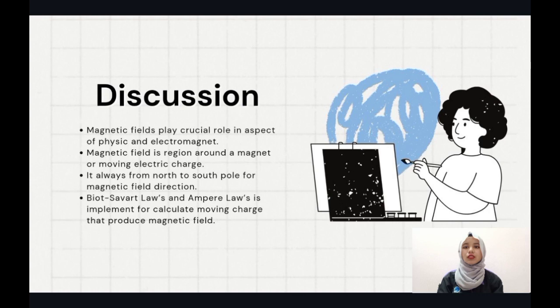The origins of magnetic fields are traced back to both permanent magnets and the flow of electric current. The fundamental principles, particularly the Biot-Savart law and Ampere's law, elucidate the behavior of magnetic fields in the context of moving charges. These laws describe the interaction and force experienced by charged particles within magnetic fields.